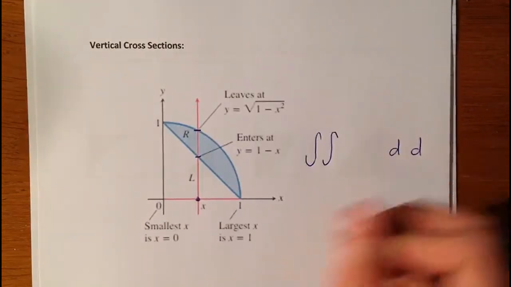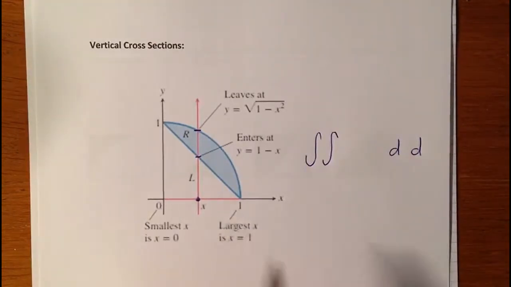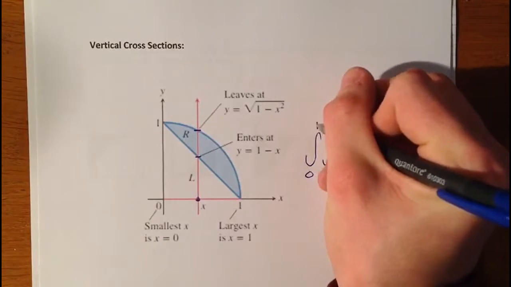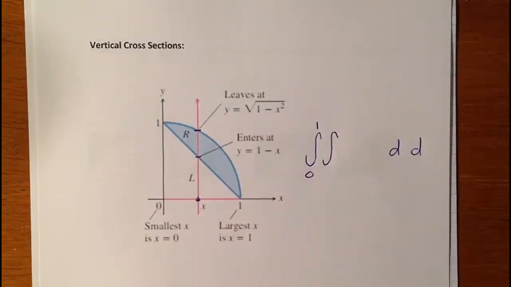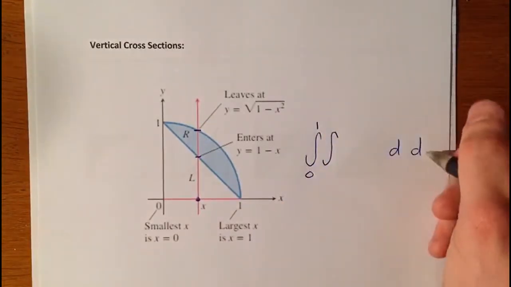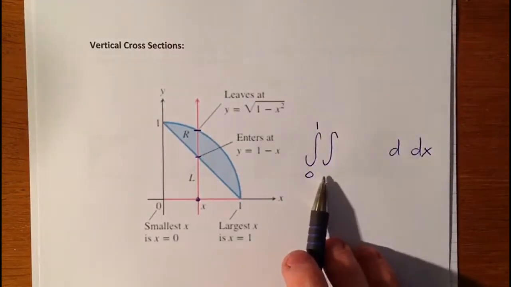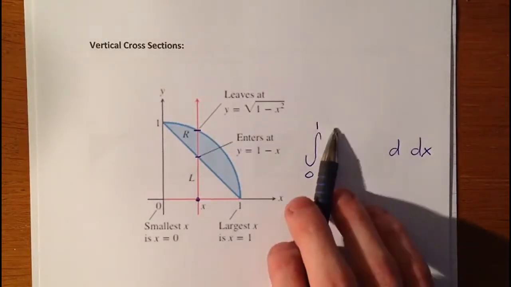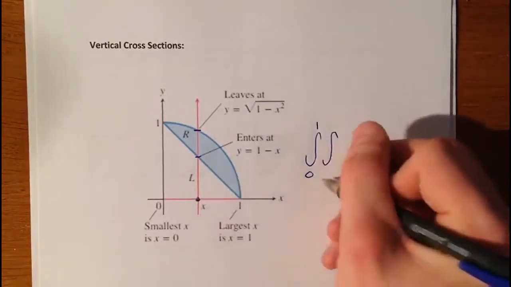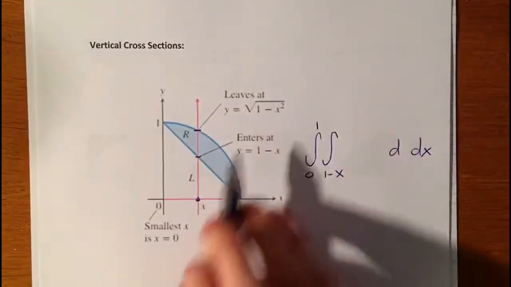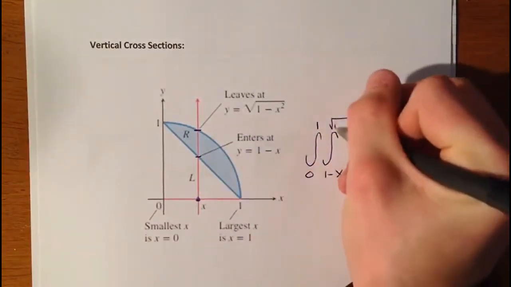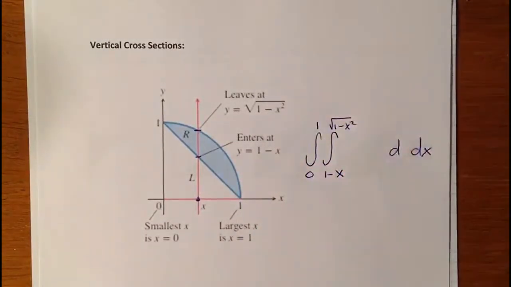So first we are going to put 0 to 1 at the beginning. So that's your first step, take an interval on one of the axes, and that was on the x-axis. And then we are going to fill in our lower bound and upper bound. So our lower bound is 1 minus x, and the upper bound is the square root of 1 minus x squared.